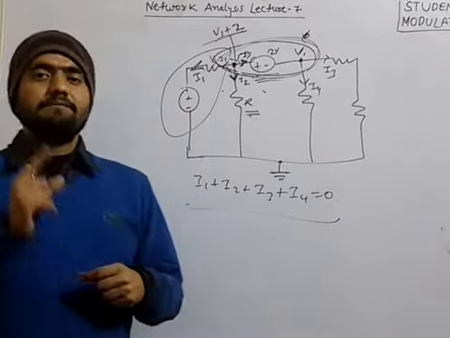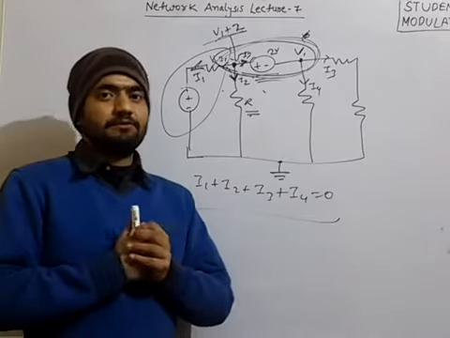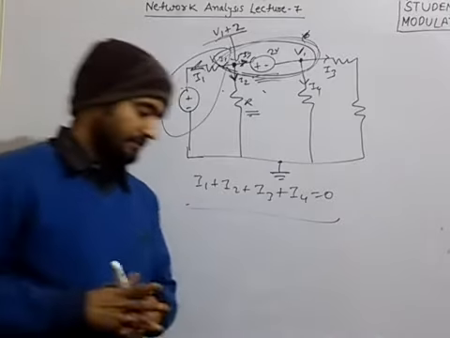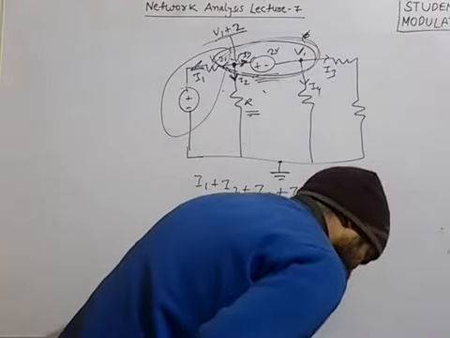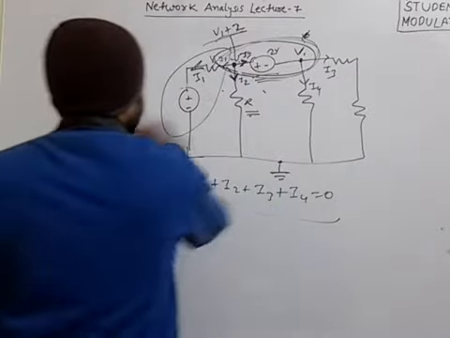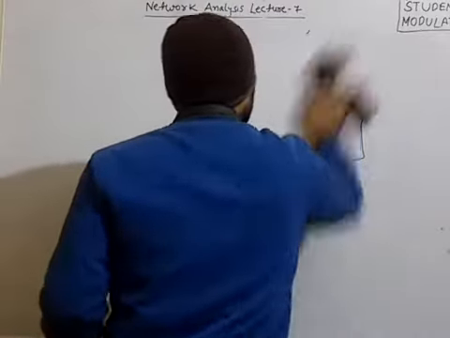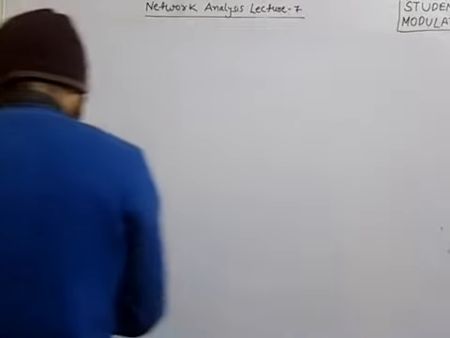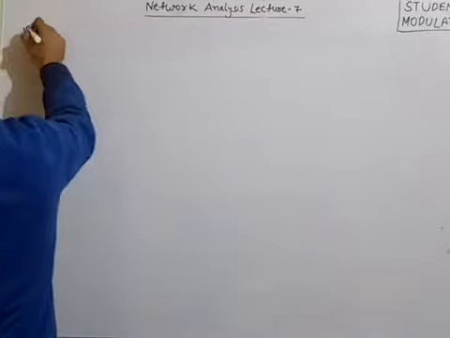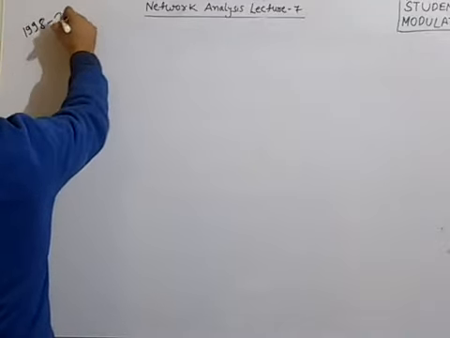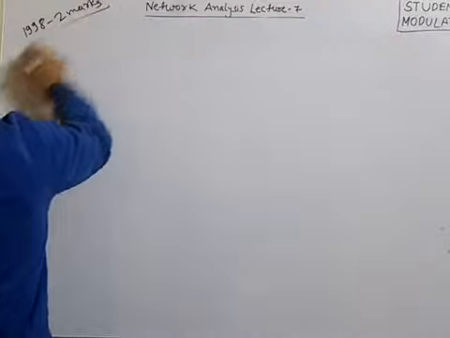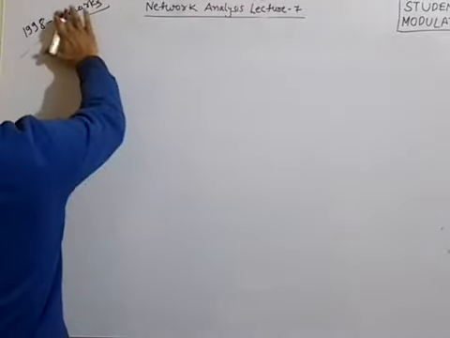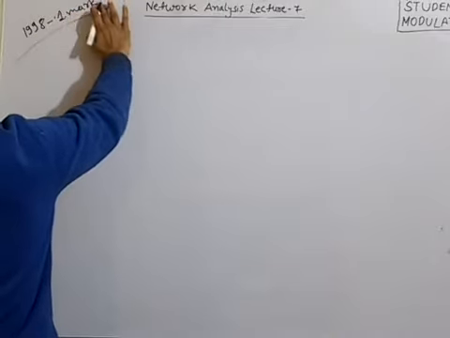Now we will see one previous year question related to the nodal analysis, and then we will end this lecture. So here is the question related to the nodal analysis. The question was asked in 1998, in the 1 mark category.